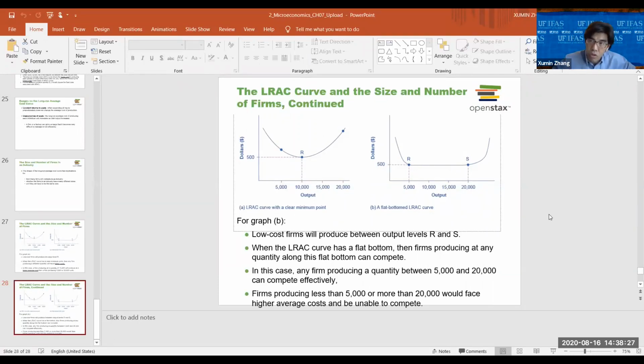Later on I will introduce how to optimize the production decision when facing different markets, whether it's a perfectly competitive market, a monopolistic market, or a pure monopoly, because you are facing different markets and different demand curves.